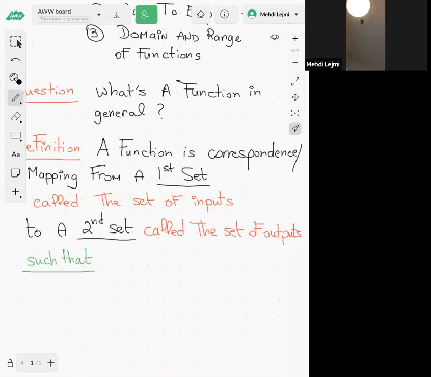Okay, so I'm going to give you a couple of examples, guys. Okay, don't worry. So it says that each input in the first set corresponds to exactly one output in the second set.